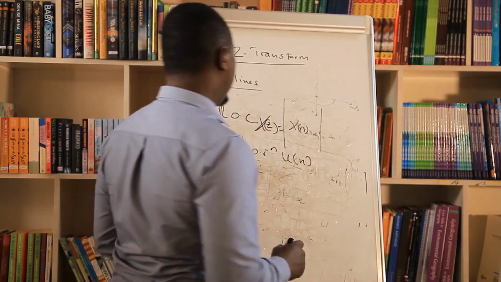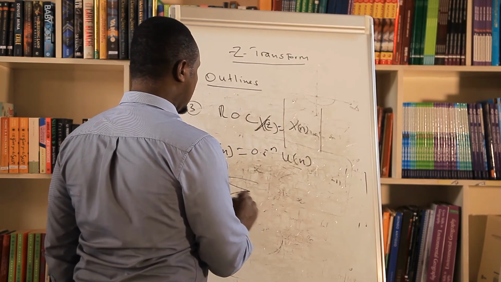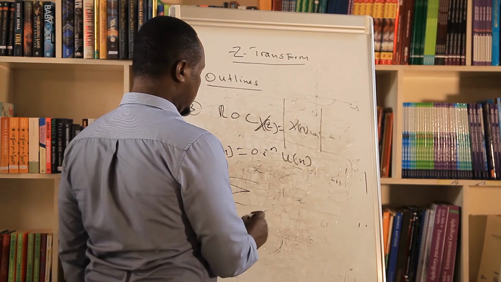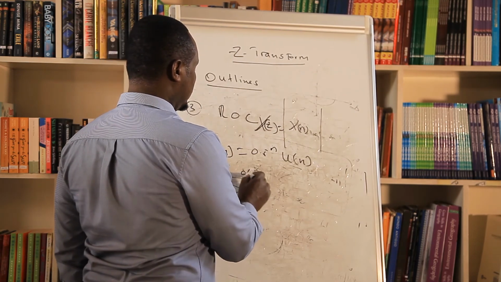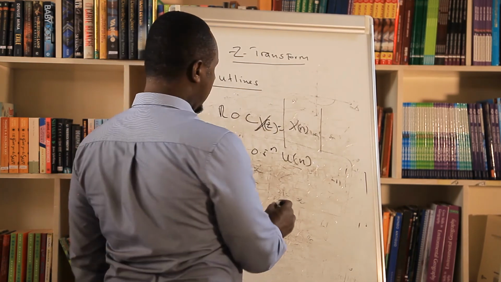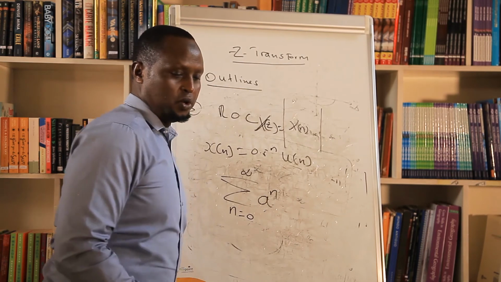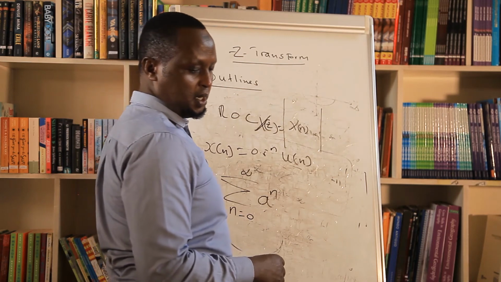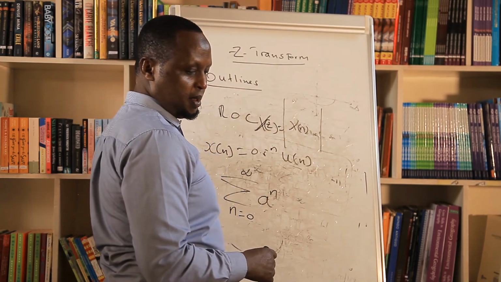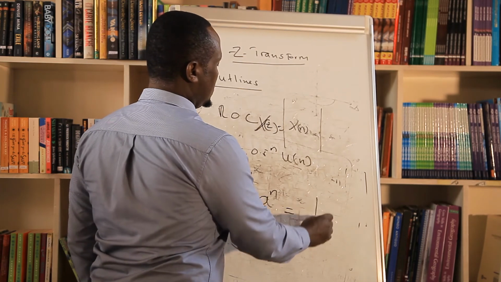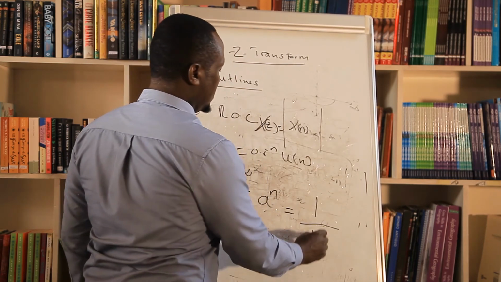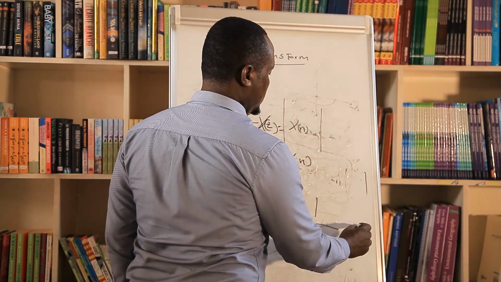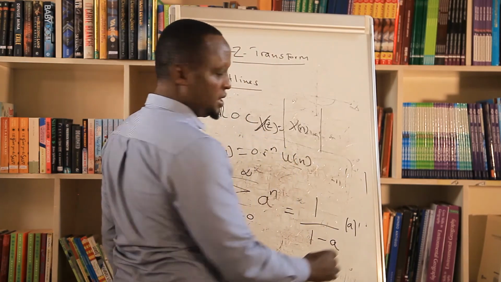But here we have the corresponding value where we can say the summation of a single-sided sequence, for example, n equals 0 to infinity of a power n. If you want to compare that in a Z transform manner, its equivalent is 1 over 1 minus a, where the modulus of a is less than 1.